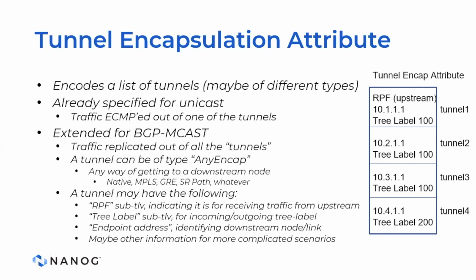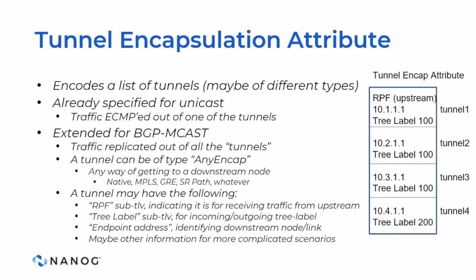And we also added a new tunnel type we call any-encap. It basically says that any way of getting to that tunnel endpoint is fine, whether it's native forwarding because the upstream and downstream nodes are directly connected, or it could be an MPLS LSP, GRE tunnel, SR P2P path, or whatever, it's fine. As long as you can get me to that tunnel endpoint, that's fine.